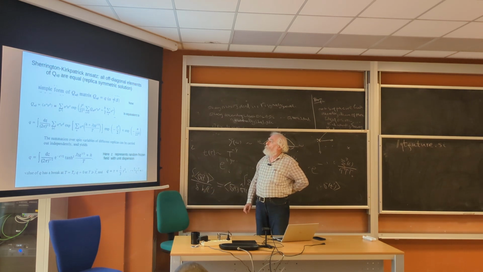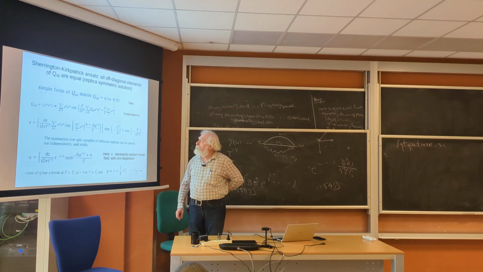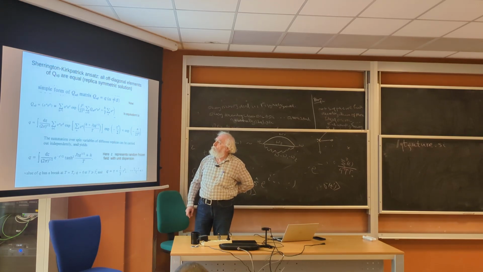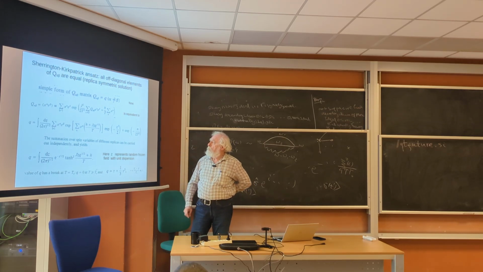Now, the self-consistency equation for the Q matrix, if we make this assumption that all matrix elements are equal, will become this equation. So we now can sum over all sigmas.